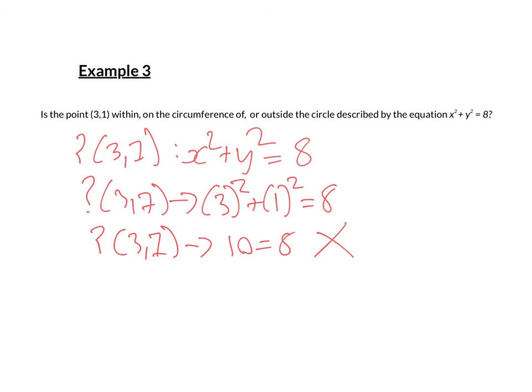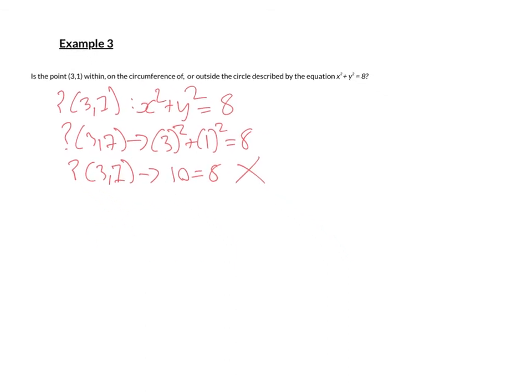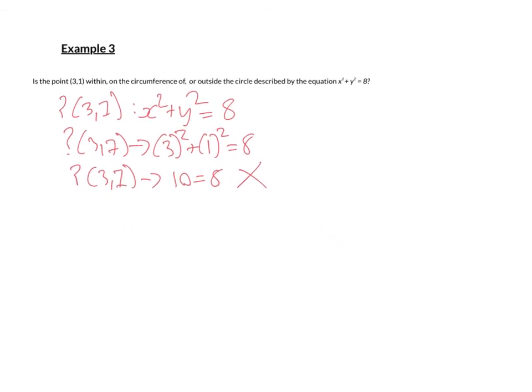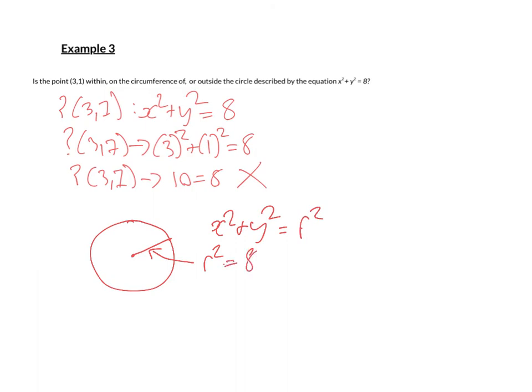Okay, now to do that, we need to consider what we know about points on a circle. So if we have a circle here, we know it's centered at 0, 0. We know from the general form, x squared plus y squared equals r squared, so if we've got x squared plus y squared equals 8, then r squared equals 8.